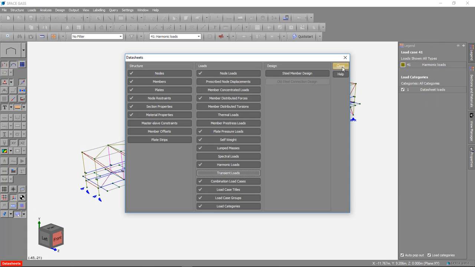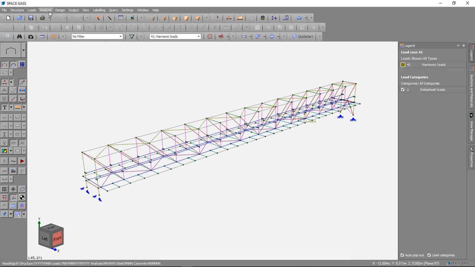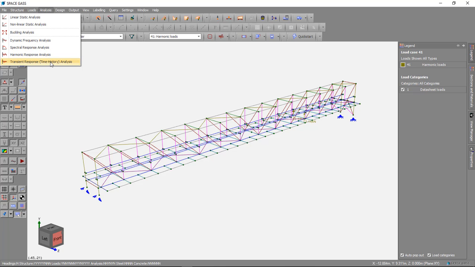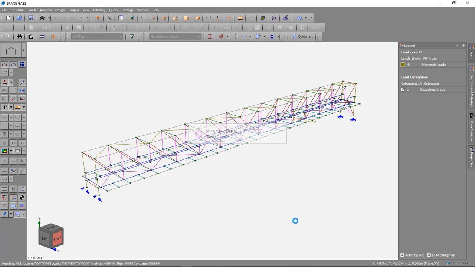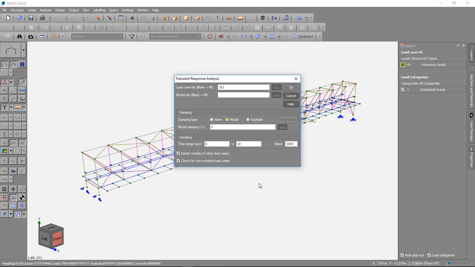Save that, and then this time run a transient response analysis or a time history analysis. So I'll use the same data as before, 10-second time range, 200 steps.